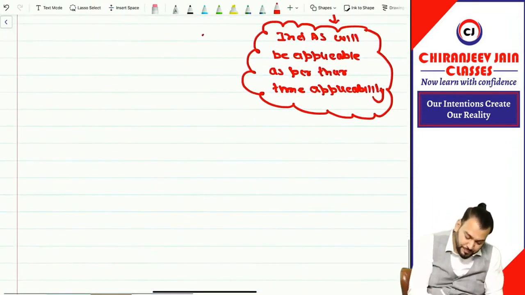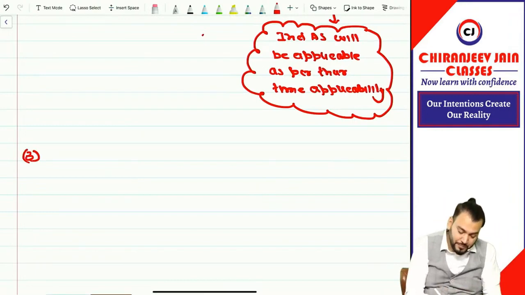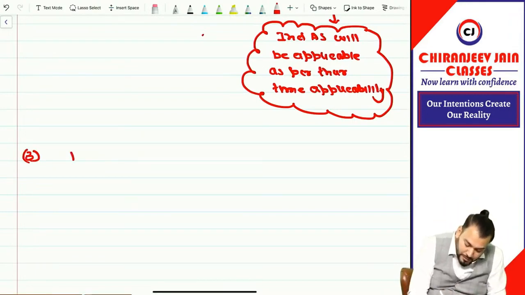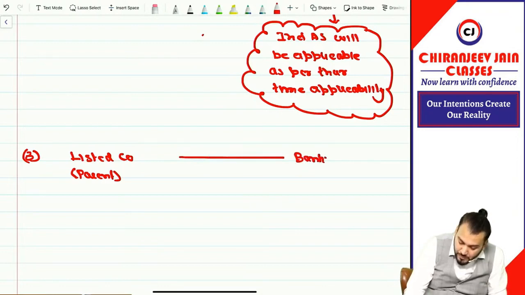Point number 3. Listed company, parent; banking company, subsidiary.